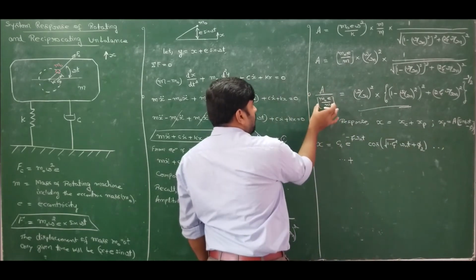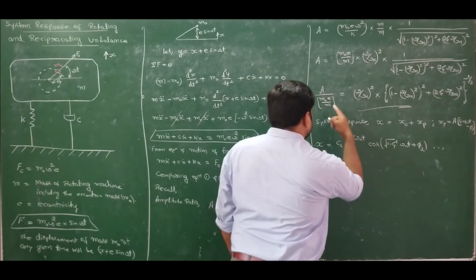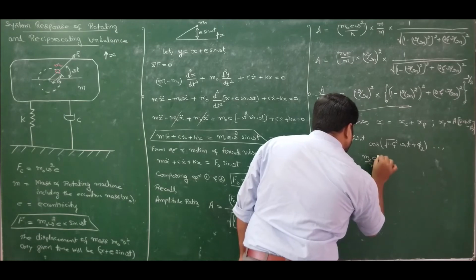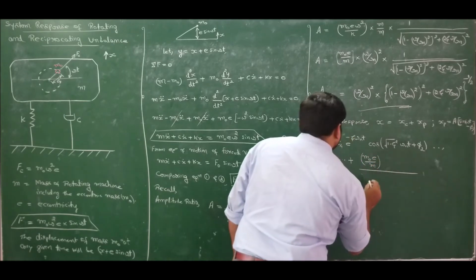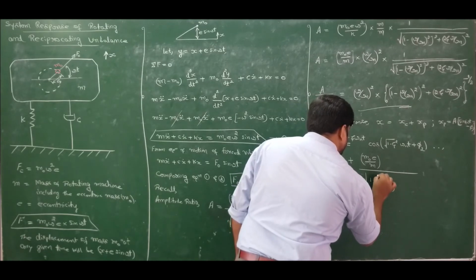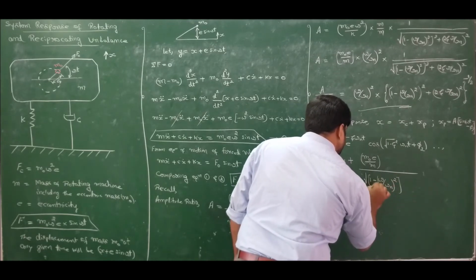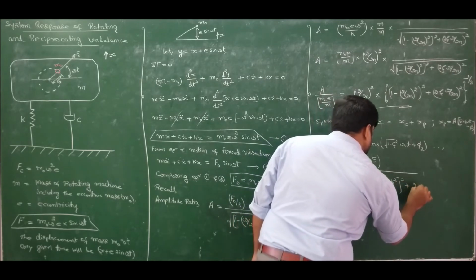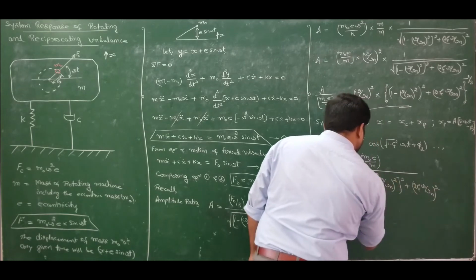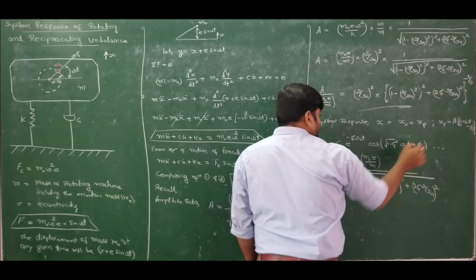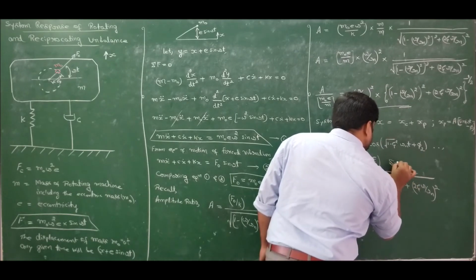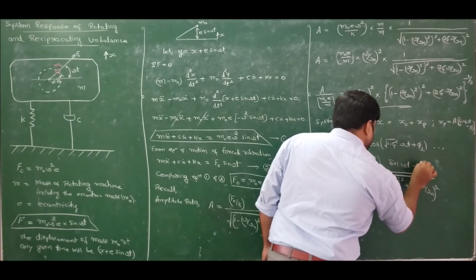What is the value of A? Amplitude of vibration here. That is A is equal to m naught e by m divided by square root of 1 minus omega by omega n whole square plus 2 zeta omega by omega n whole square, under the root, into sin omega t minus phi.